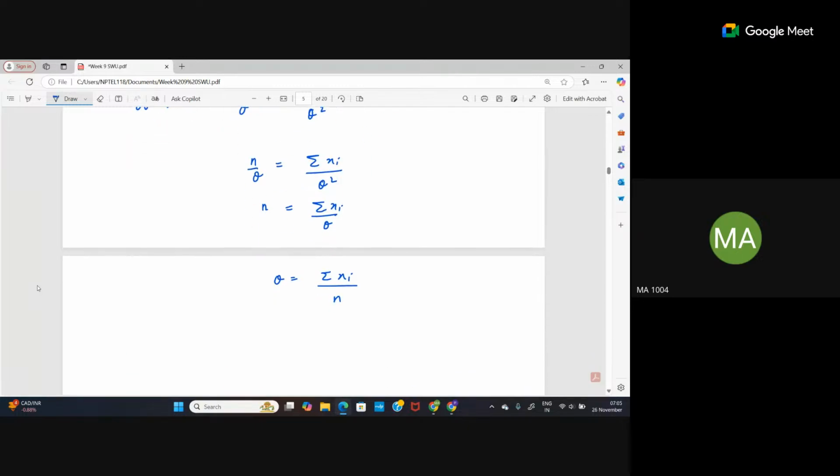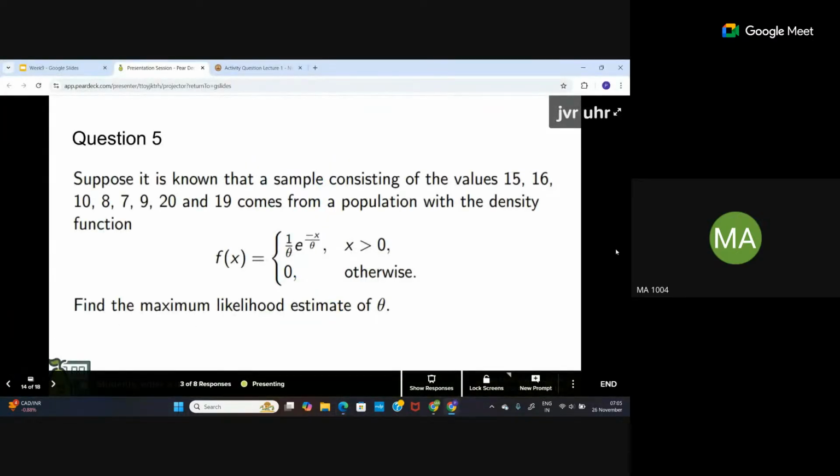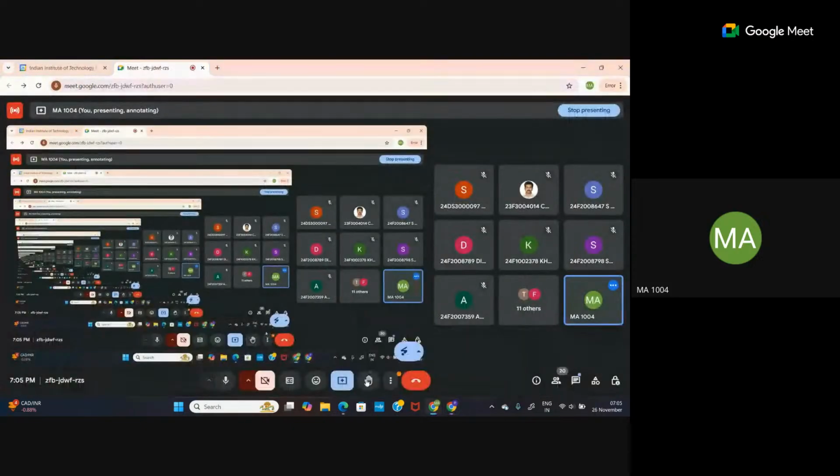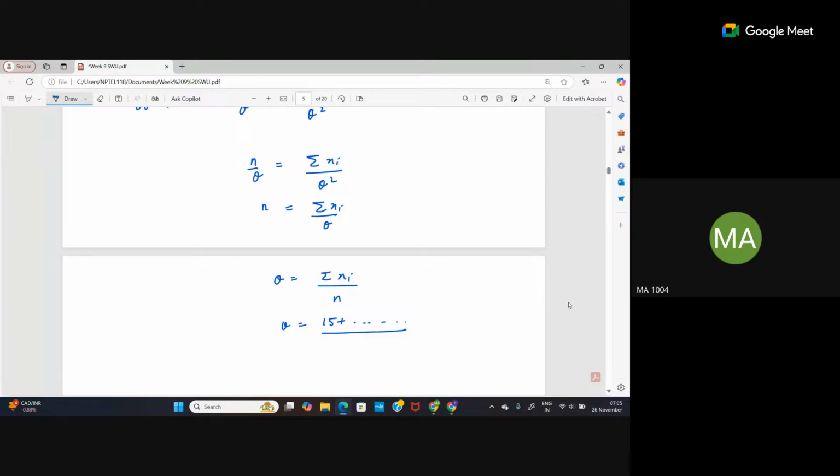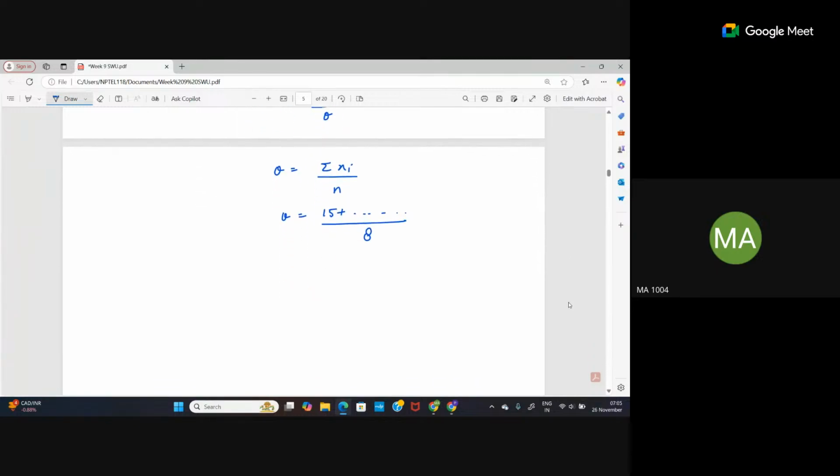Now we have to add all the values which are given to us, 15 plus and so on, and n is the sample size. So 8 observations are given, divided by 8. Now calculate the value. That will be your theta hat, the ML estimator of theta.